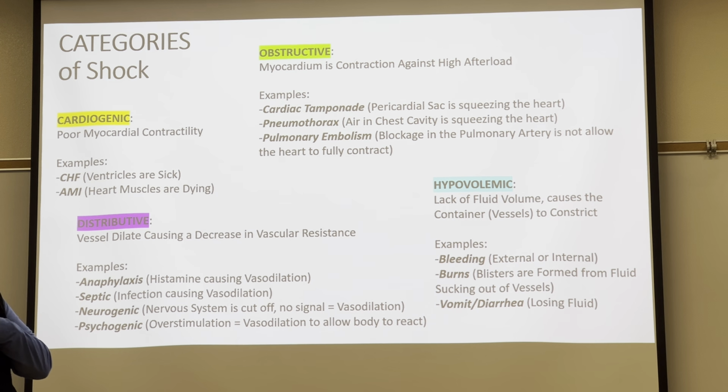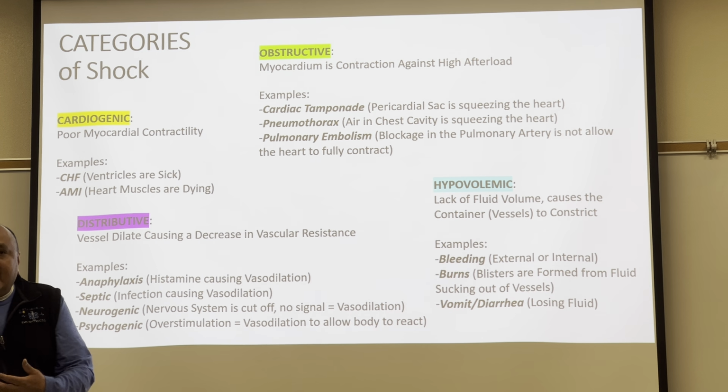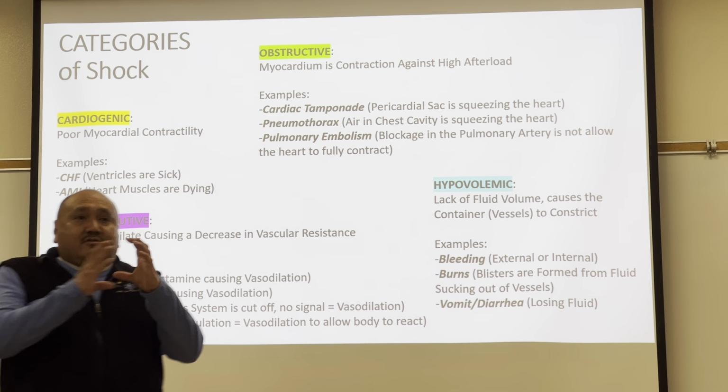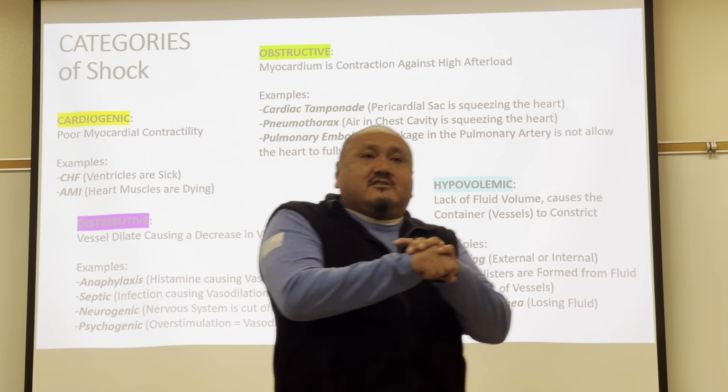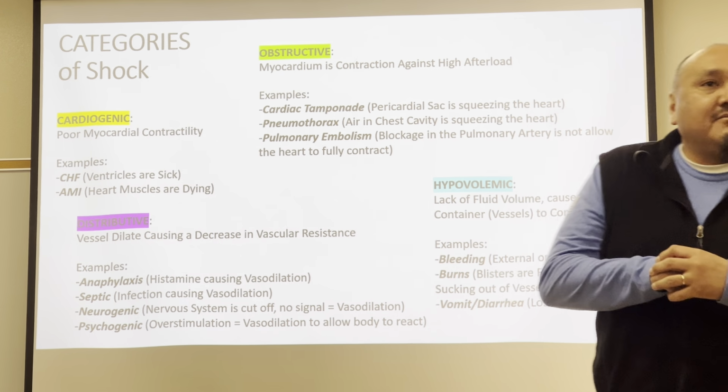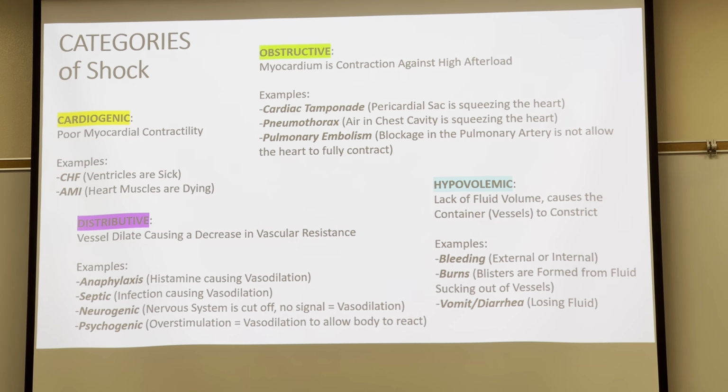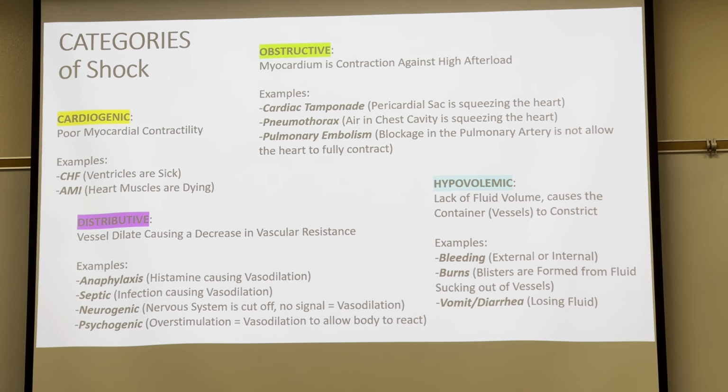Traveled through the body, came back to the heart on the right side of the heart, pumped out to the right side into the lungs. Those vessels get smaller and smaller and smaller, right? Till it lodges somewhere. And when it lodges somewhere, blood flow is not going to that lung area to get oxygenated, which means the body is not being properly oxygenated. Okay? So that's obstructive. Okay?